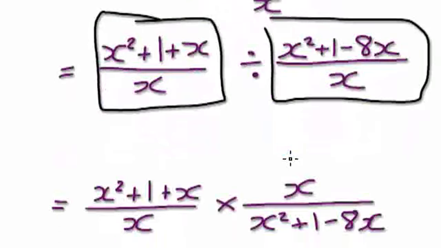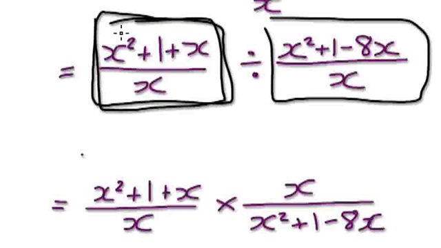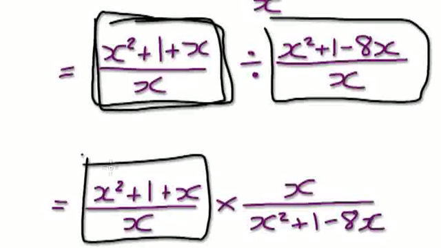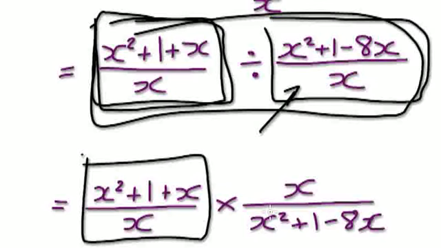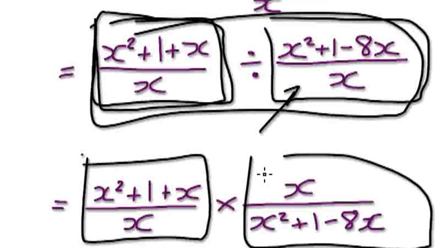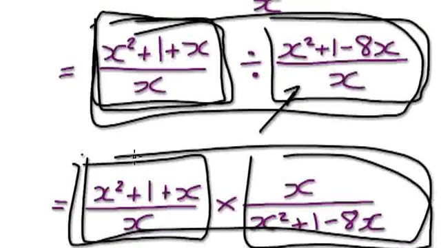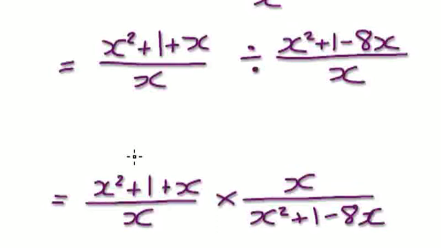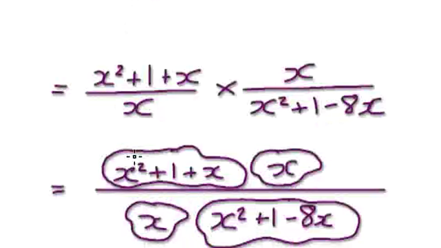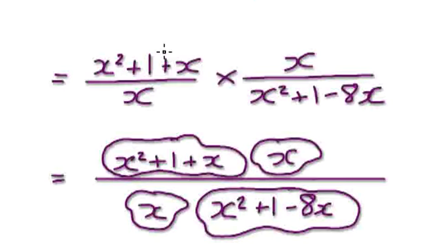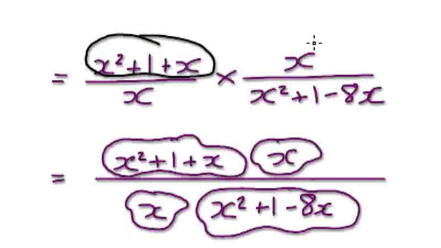In order to do this, keep this the same, take this down, and then you times the reciprocal of this. So basically, turn it upside down. So rather than doing this whole thing here, we would do this whole thing here. Okay, and then when you turn it upside down, now it's really a bubble here timesing this bubble here, top times top.